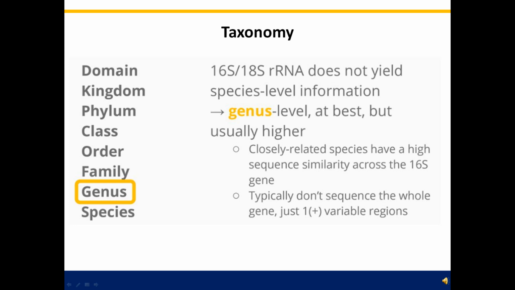Closely related species with higher similarity across the 16S rRNA gene can be identified, and typically they don't use the whole gene. Just one variable region, like the V3, V4 region, is enough for us to say to which kingdom, phylum or genus this specific bacteria belongs.